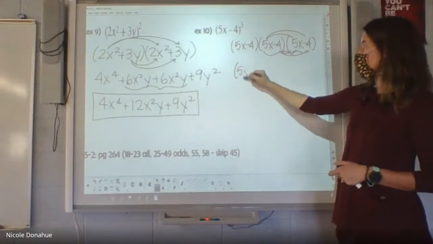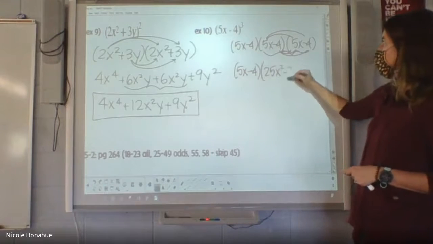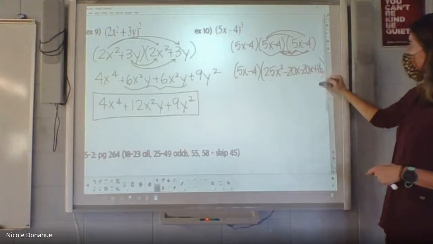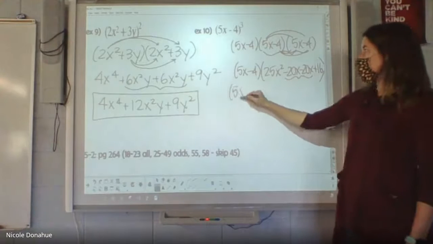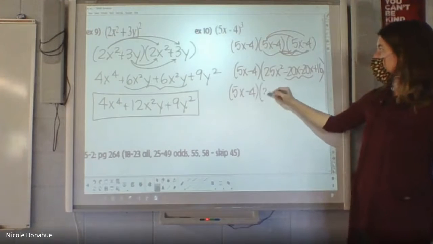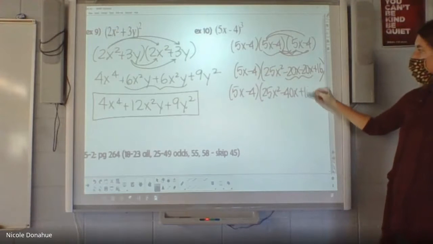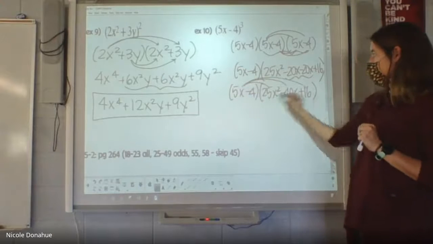I'm going to leave this one out in the front. And I'm going to combine some like terms here. And now I have to do what we just did up above. So with the 3 terms times 2.